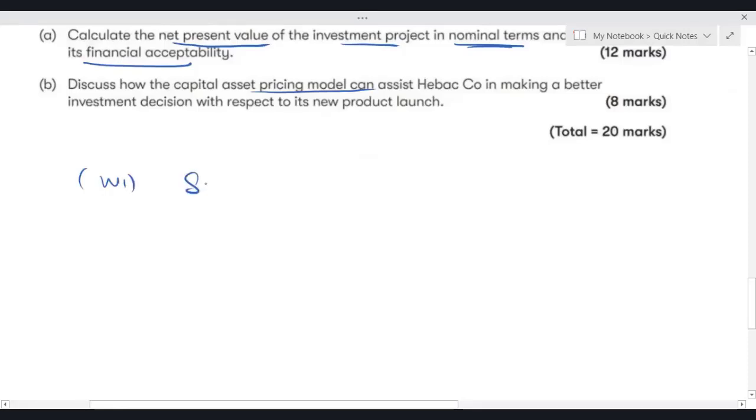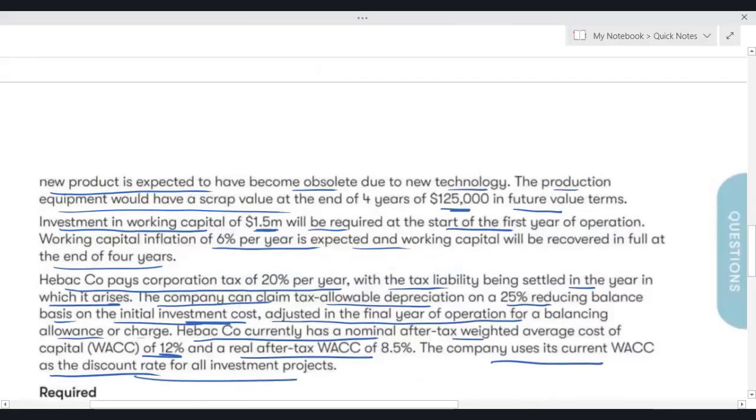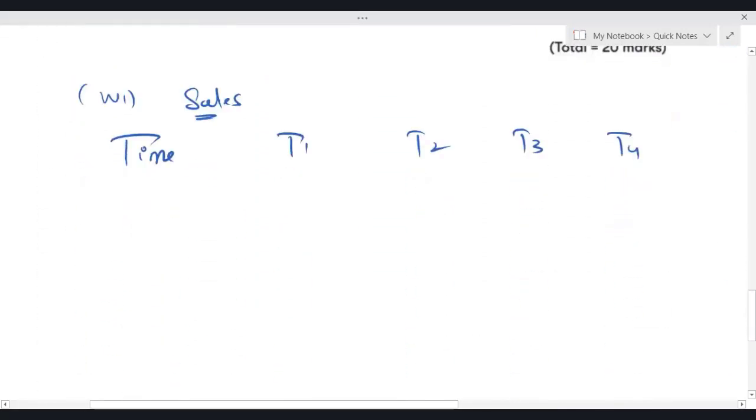Let's calculate sales for T1, T2, T3 and T4. Everything is in dollars, so let's ignore 3 zeros.